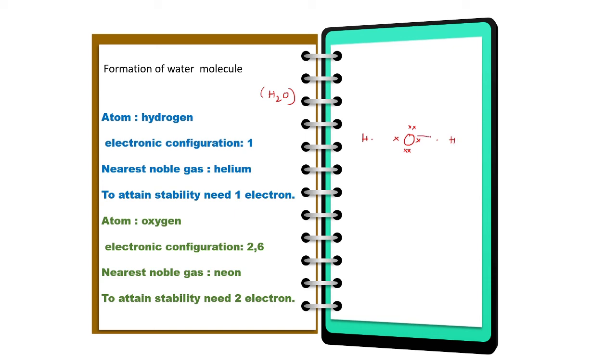Now oxygen and hydrogen will form 1 electron pair here and 1 electron pair here to fulfill its octet and duplet respectively, and we will get 2 single covalent bonds. Okay, this is the structure of water.